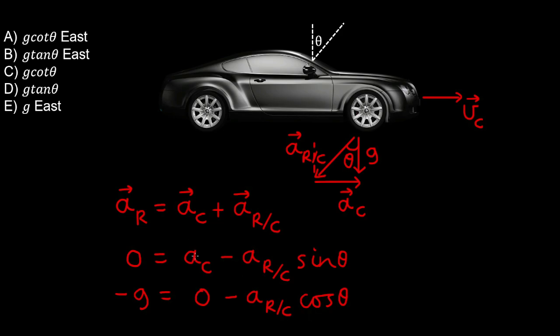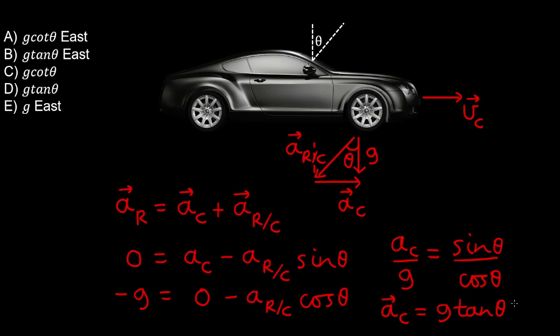So if we take the acceleration of the car to the left-hand side and divide the two expressions, we end up with the acceleration of the car on a gravitational acceleration is equal to sine theta on cosine theta. So therefore the acceleration of the car is g tan theta, and the car was travelling east. So therefore the correct answer is B.